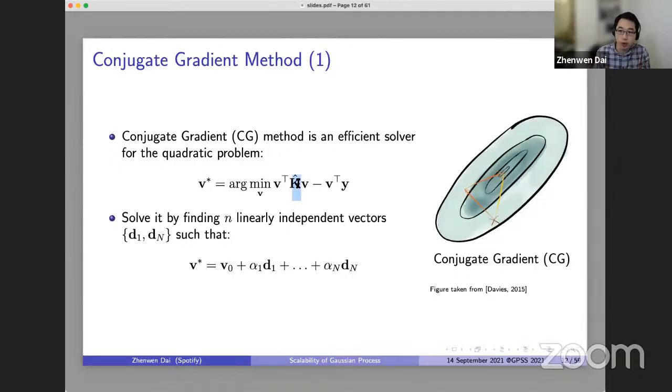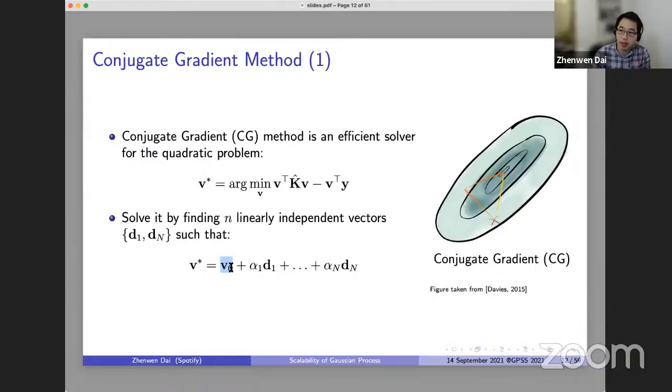I won't go into too much detail, but just give a little flavor of what is happening. The way it solves the problem is to construct the final solution as some initial guess V0 of the solution.